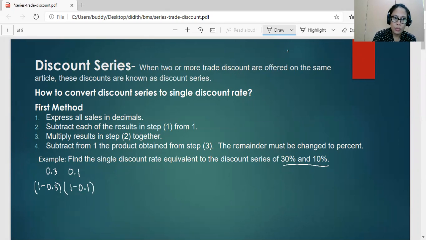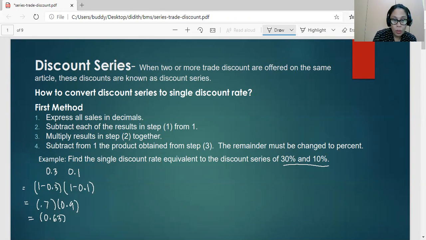So this is 0.7 times 0.9, and then this is 0.63.